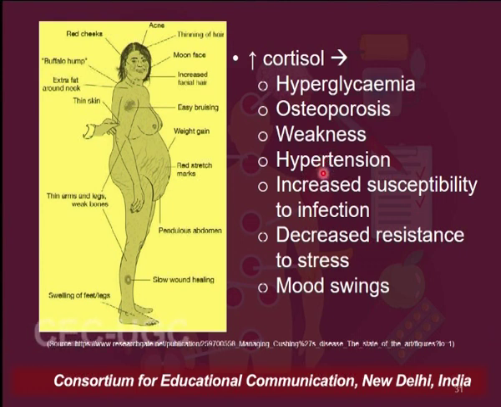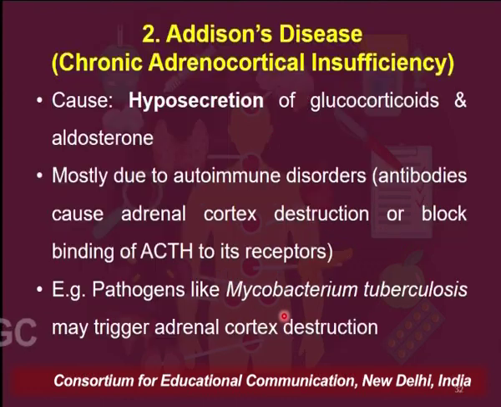They will have higher blood pressure and increased susceptibility to infections, because what was the function of cortisol? It is an immune suppressant. So, these patients will have increased susceptibility to infections. They will have decreased resistance to stress. So, this is Cushing syndrome, which occurs due to increased levels of cortisol.